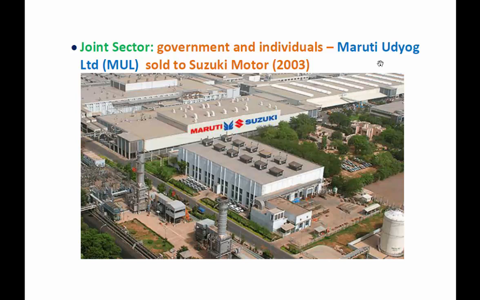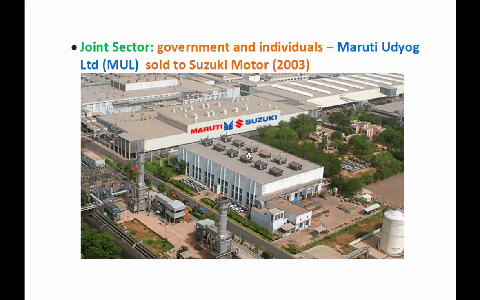Actually, this Maruti Udyog Limited was jointly undertaken by the government of India as well as by one man whose name was Suzuki from Japan, the owner of Suzuki Motors. But in 2003, this Maruti Udyog Limited, MUL, was sold to Suzuki Motors. Now it is in the private sector at present, and it has been renamed Maruti Suzuki.